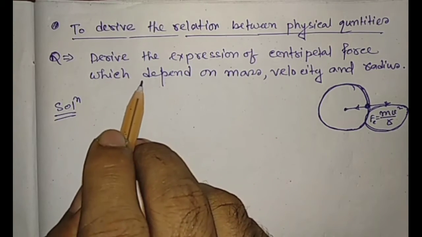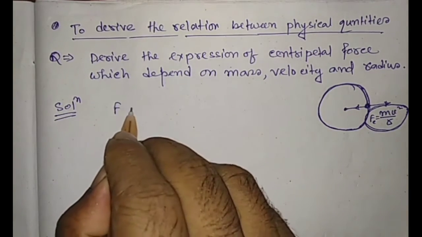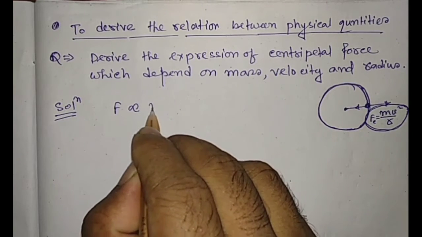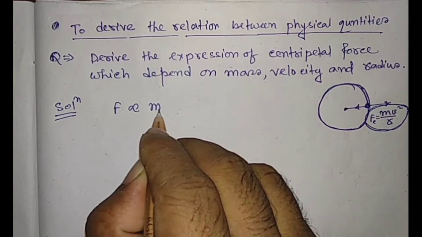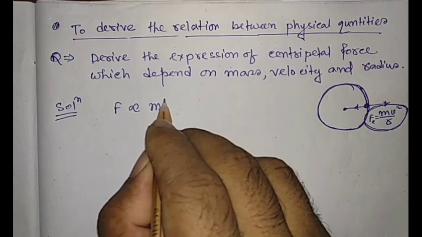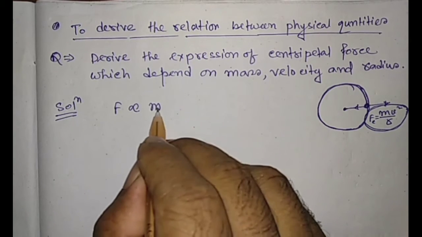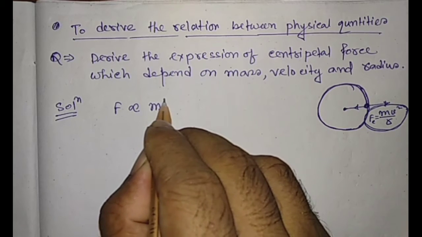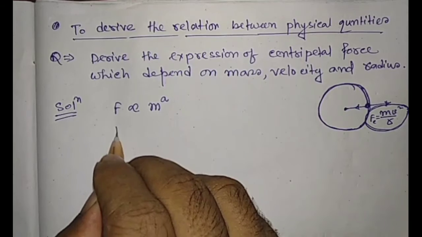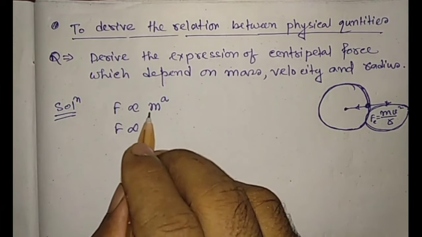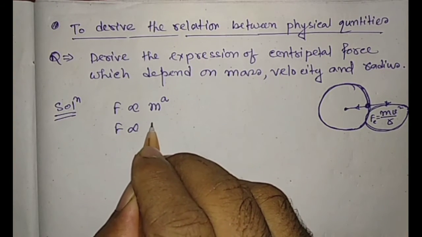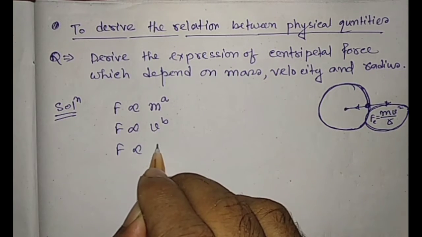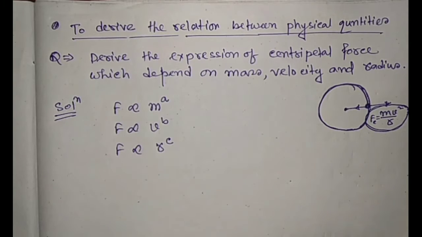So first of all, F depends on, that means it's proportional to m. But what will be the power of m? We don't know, m or m square or m cube. So we assume that it is m to the power a. Similarly, F is proportional to v to the power b, and F is proportional to r to the power c.